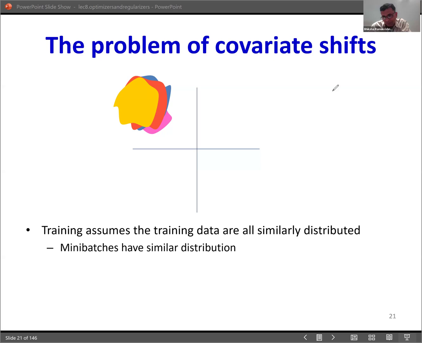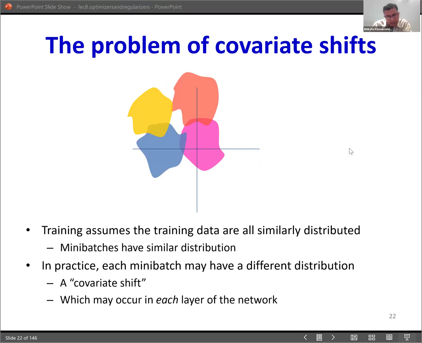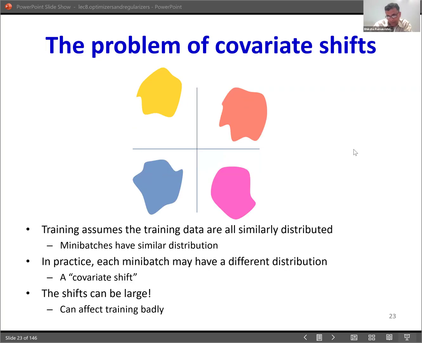Anyone, guys? That the distribution of the mini batches mimics the distribution of the actual data itself. So you're expecting that all of the mini batches will roughly have the same distribution. But in reality, the different mini batches can be different. In fact, they can be very different.